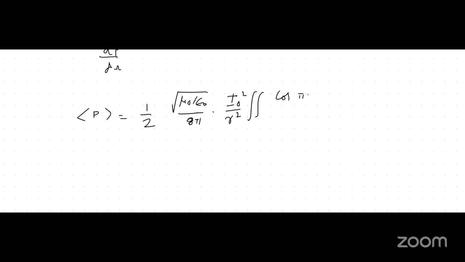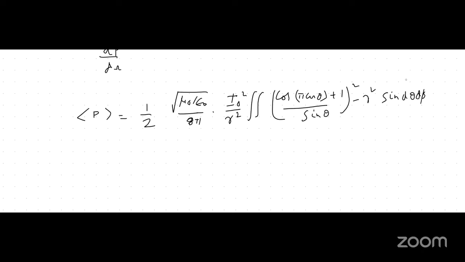Similarly, the total radiated power P for the full wave antenna is given by half into root of mu naught by epsilon naught by 8 pi into I naught square by r square, the integration of cos of pi cos theta plus 1 divided by sin theta whole square, minus r square sin theta d theta d phi.